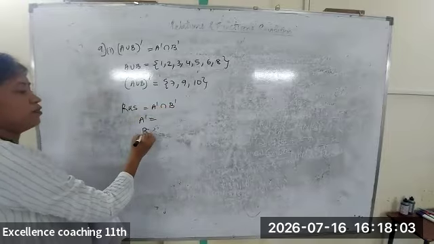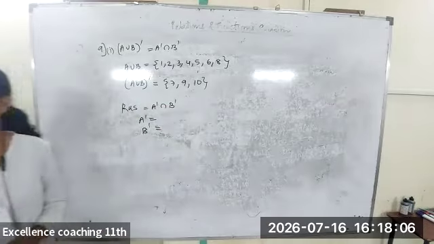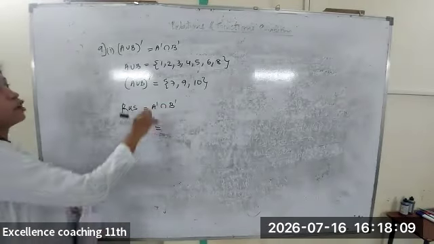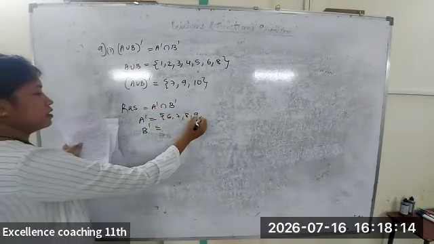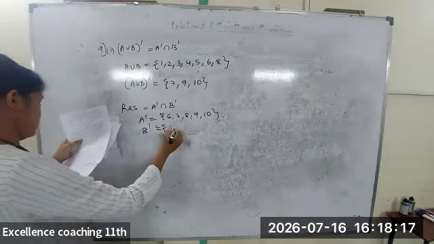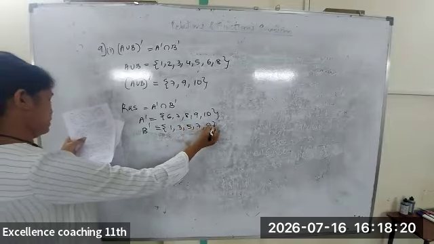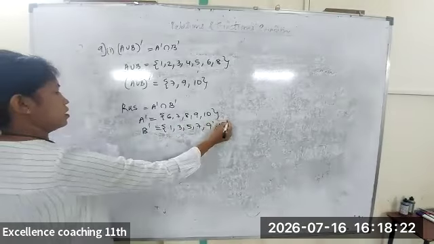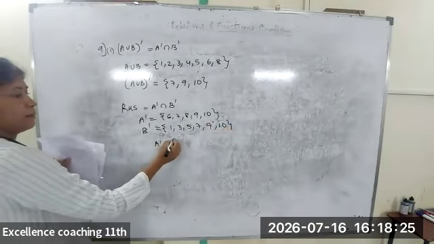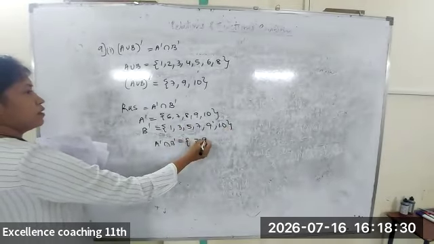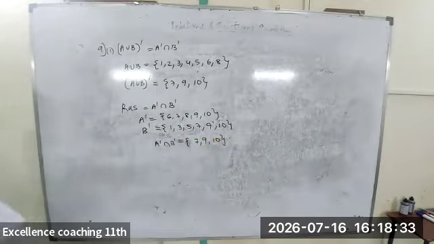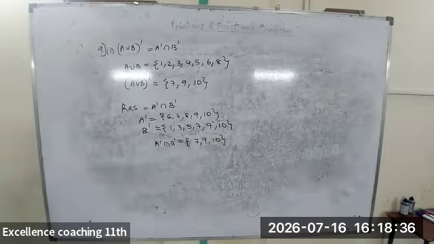So find A complement, find B complement. A complement means apart from A, which numbers are there? 6, 7. And now find common numbers between them.